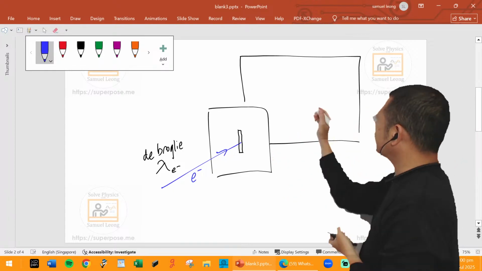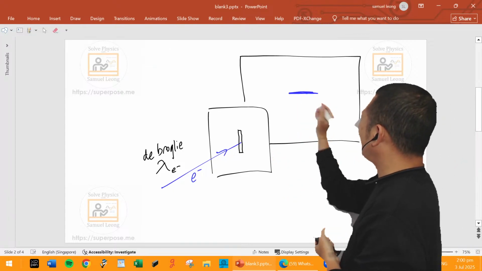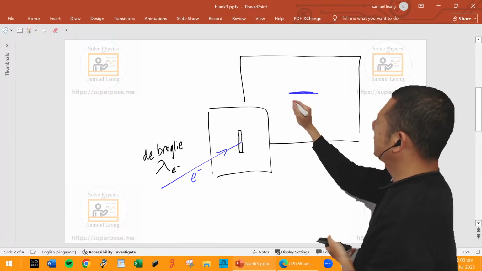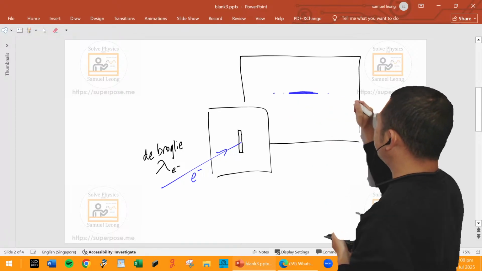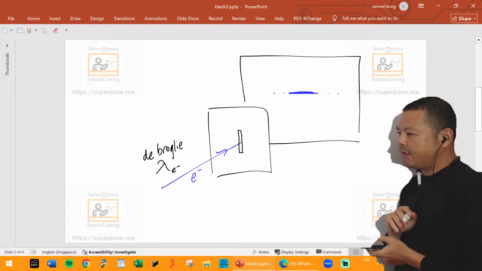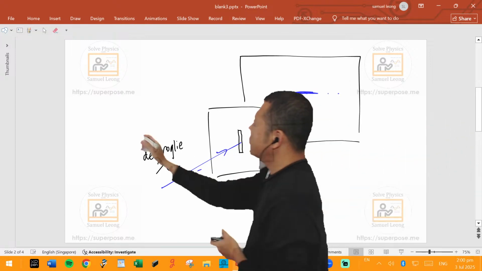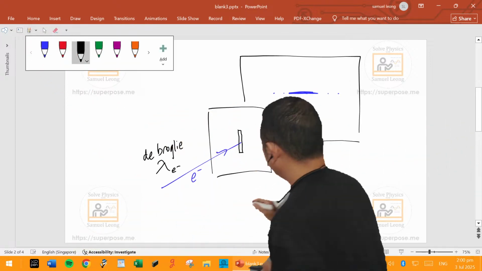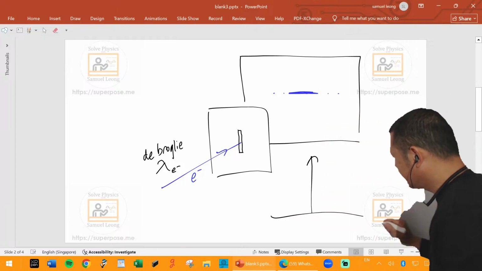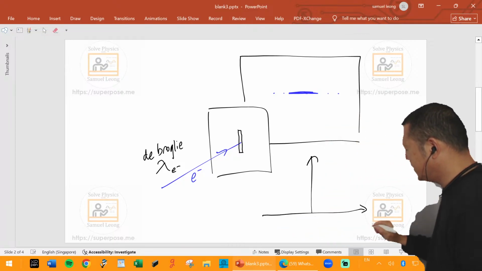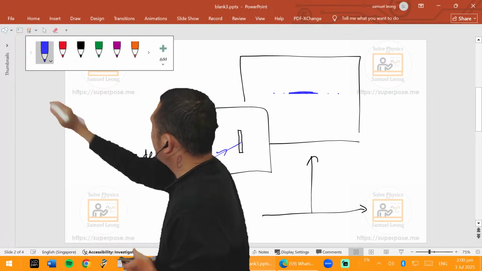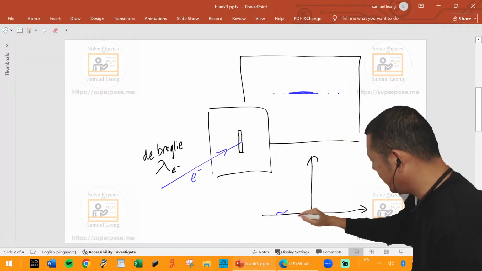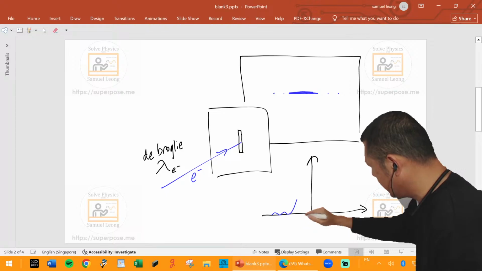You will get a wide central fringe, followed by very small, insignificant bright fringes on the side. You will get a graphical intensity that looks like this, like that, like this, like that.